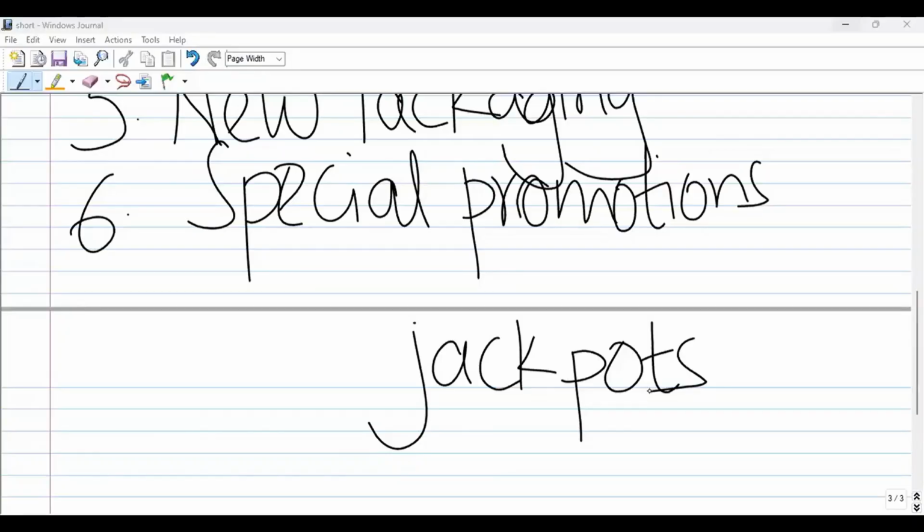We are looking at ways of extending the product's life cycle. So we are saying, how do we make sure that our product stays in the market for a long period of time? So you can do advertisement where you create awareness about your product's availability in the market. So you keep on creating awareness.